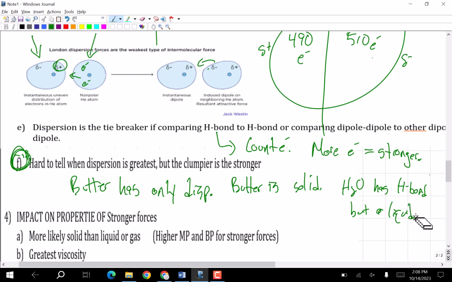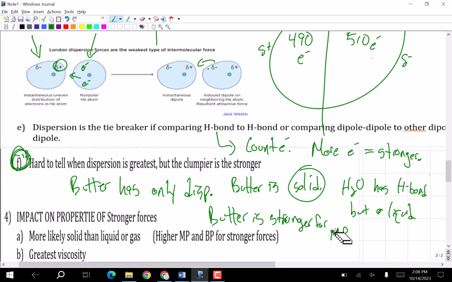What state of matter clumps together more? Solids do. Butter is stronger for IMF than H2O.